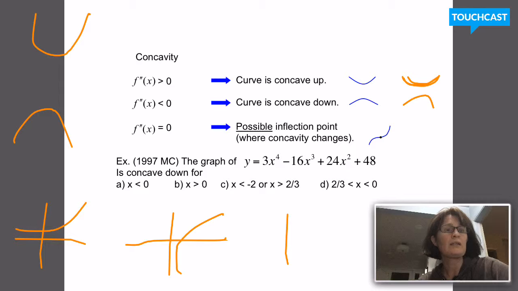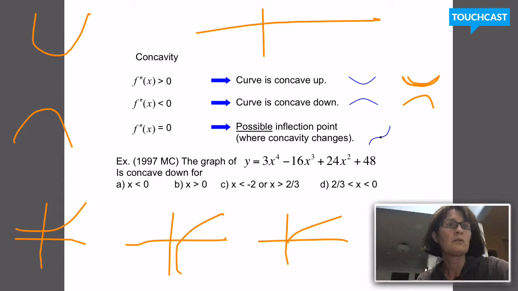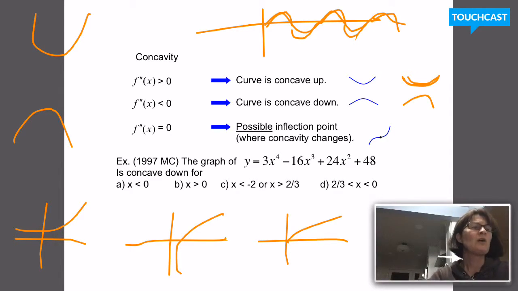And the function y equals square root of x, concave down everywhere. But a function like sine of x changes concavity. This part is concave down, this part's concave down, this part's concave down, but these other parts are concave up.